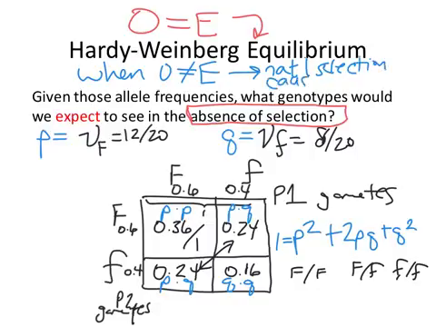It is causing an allele frequency change. So in red up here, when observed equals expected, that is what you expect under the absence of selection. Conversely, when the observed and the expected values of genotypes don't match, then you can conclude that natural selection is causing a change in allele frequencies.